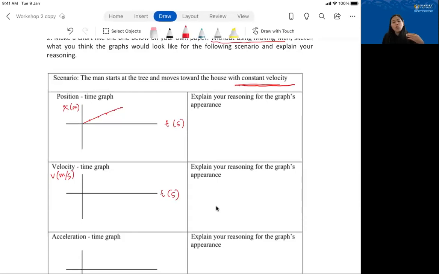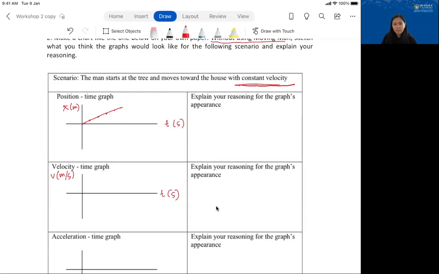But the question is, will it be a positive velocity or a negative velocity, based on your position time graph? Your position time graph is going upwards. So will that give you a positive constant velocity or a negative constant velocity?